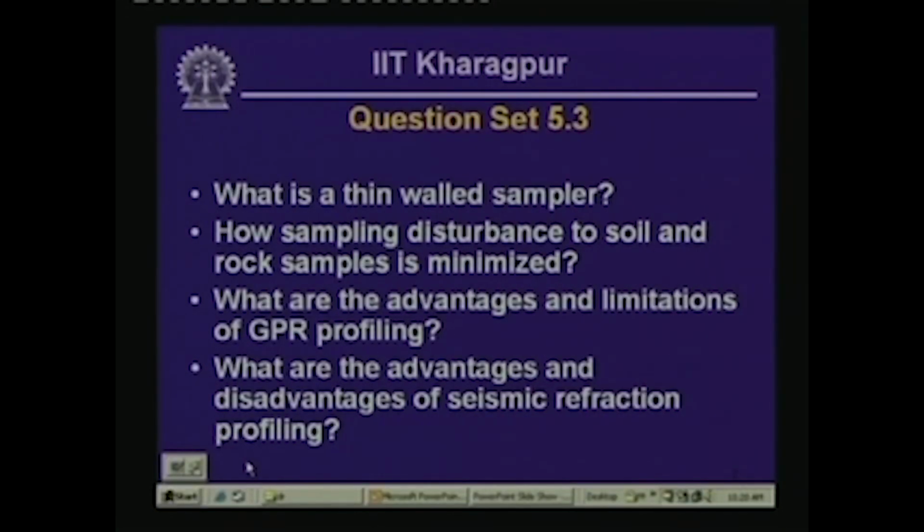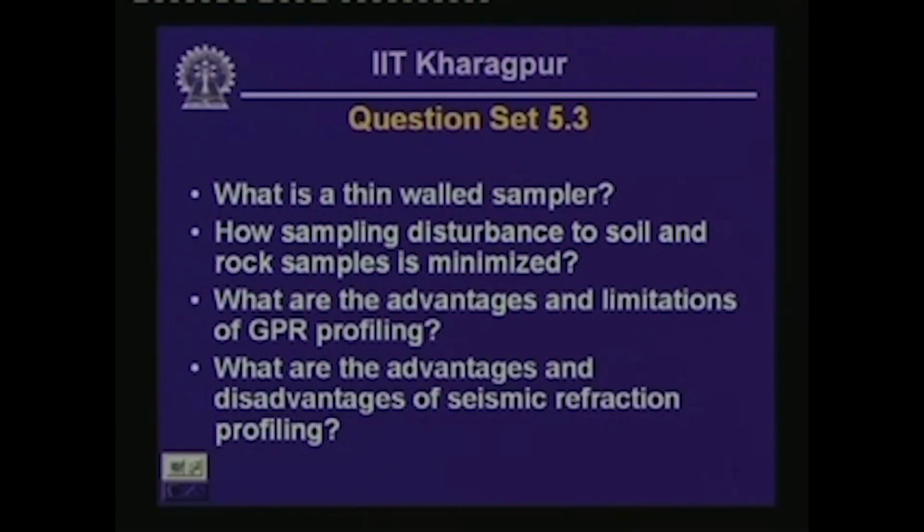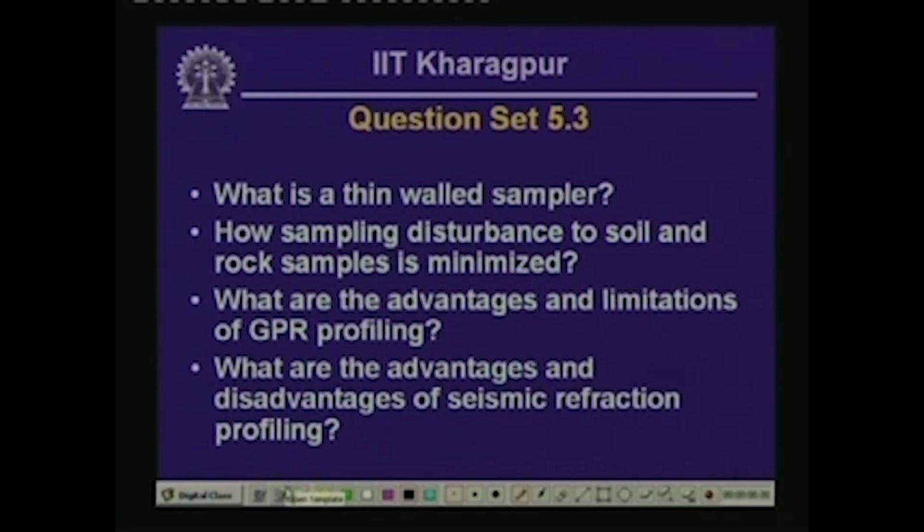Getting back, the second question was how sampling disturbance to soil and rock samples is minimized. We discussed at length the procedures for minimization of disturbance of soil and rock samples.